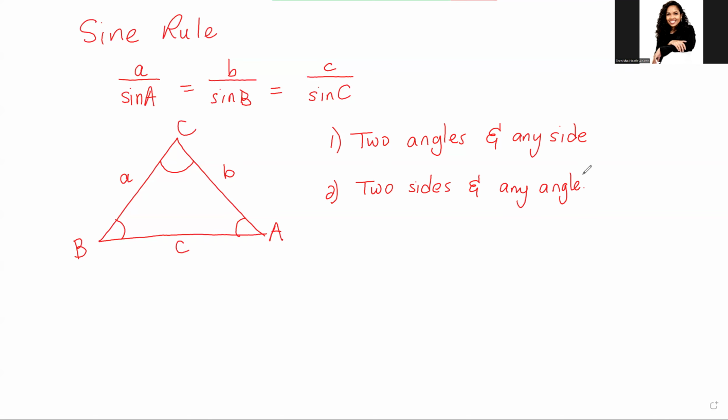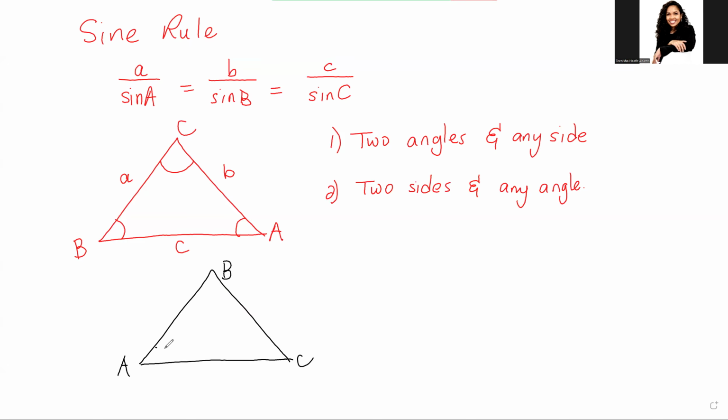And just to do a quick example, just to refresh our memories a little bit, let's say I have a triangle, and I should be drawing these triangles with the rulers, but just give me a little slack today. So A, B, C, that's triangle ABC.